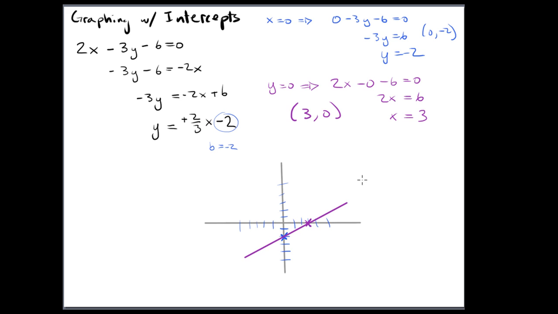I just connect them with a line, and that would be the line y is equal to 2/3 x minus 2. And this is 3, 0. And then this is 0, negative 2. And I label my graph, and everyone knows what's going on. So I find where on the graph those intercepts are, and then I connect them. And remember, when we're trying to find the intercepts, it's y equals 0, x equals 0 to get those intercepts.